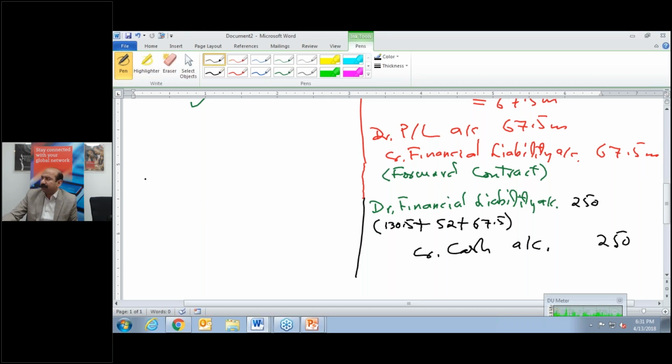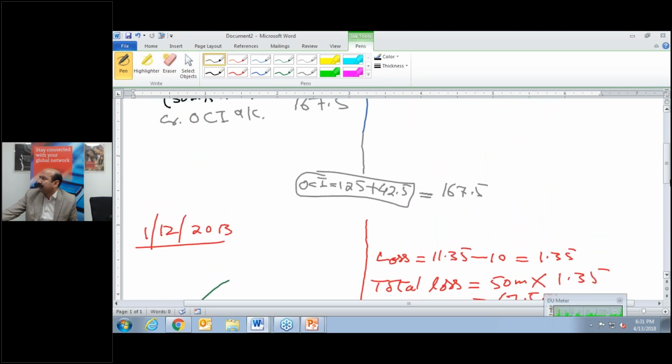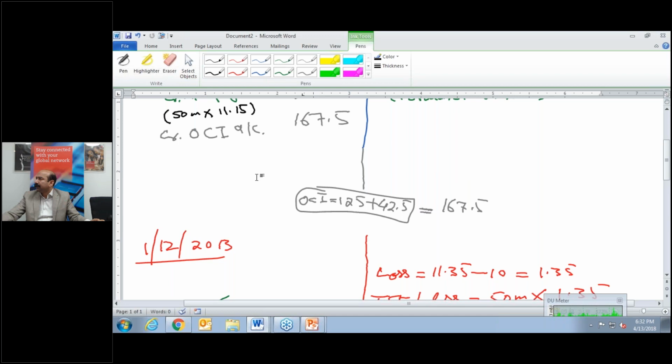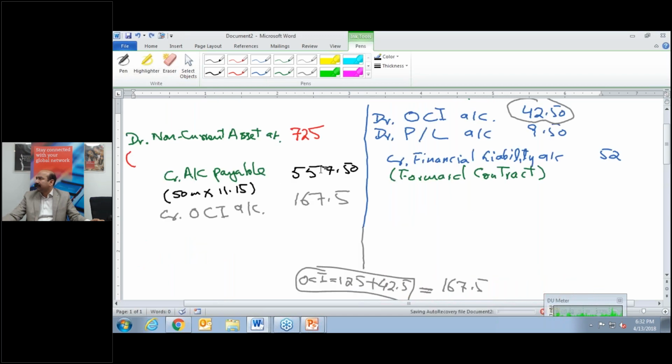And here we know that we have a financial liability account in the form of accounts payable, and the amount which we recognized was basically 557.5. This was the amount, but in fact this is denominated in the foreign currency.